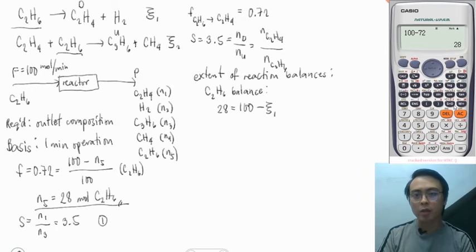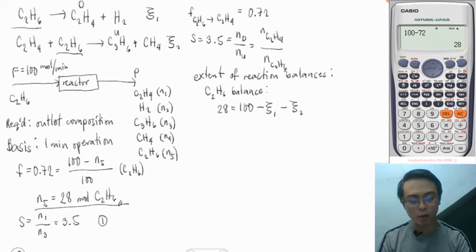From the second equation, it's still a reactant, so that is minus extent 2. So we are performing the same extent of reaction balance, but we are just extending it to incorporate both equations. Since we don't know yet the values of extent 1 and extent 2, I will call this equation 2.